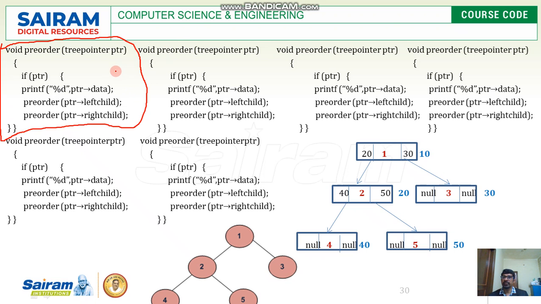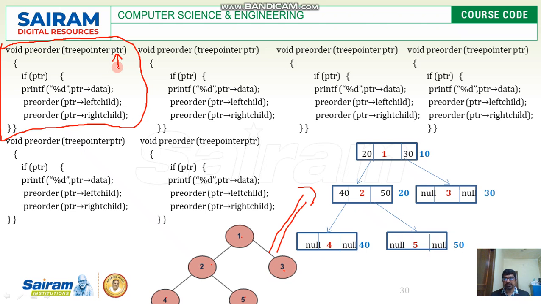As I told, it takes a single parameter, ptr. I've taken a tree with 1, 2, 3, 4, 5 nodes, and I just converted this into a linked format. So this is my first node, second, third, 4 and 5. Now what is this ptr we are talking about?